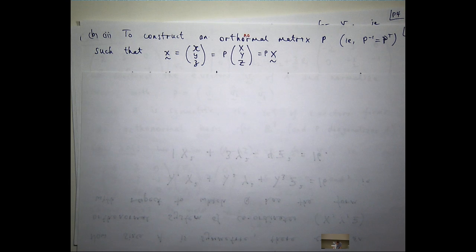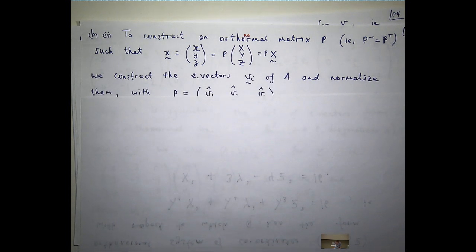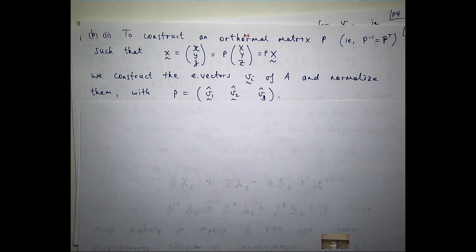Now, how do we do it? Well, let's construct the eigenvectors and normalize them. Okay, so let's denote the eigenvectors v sub I of A, normalize them, write them as a matrix in column form, and that'll be your orthonormal matrix of interest.